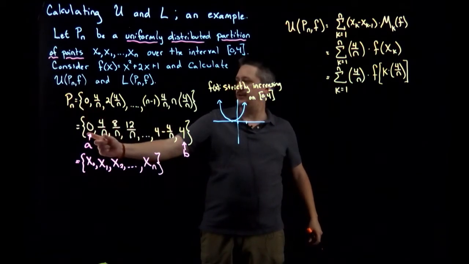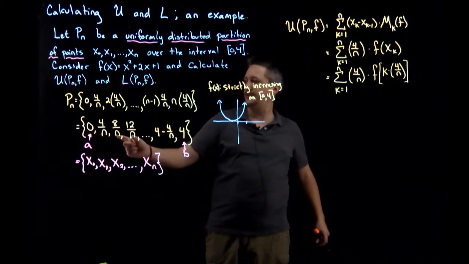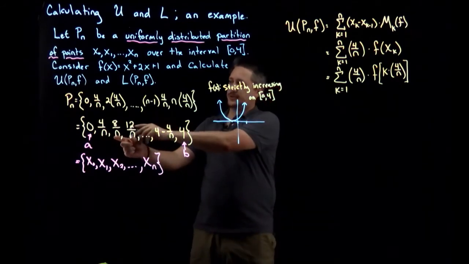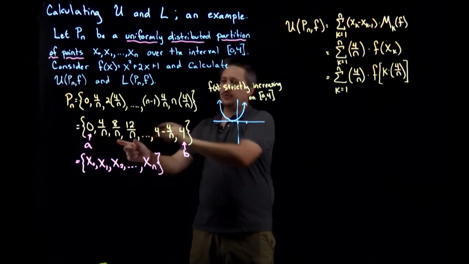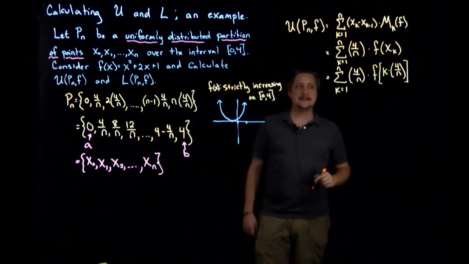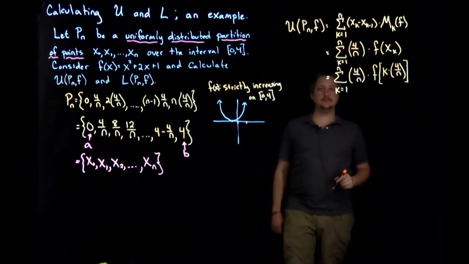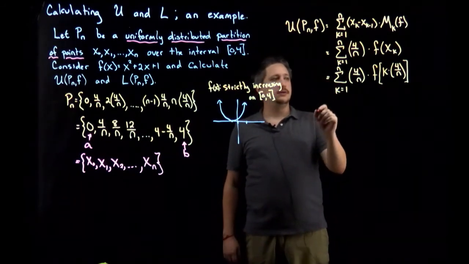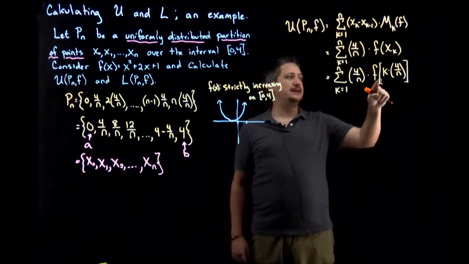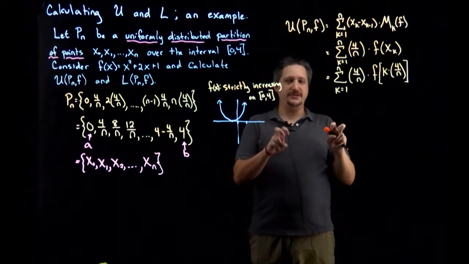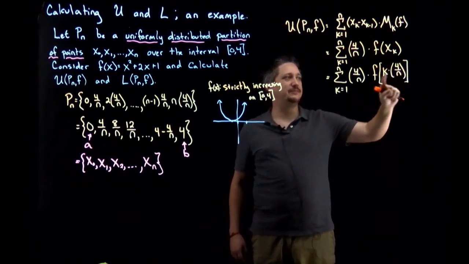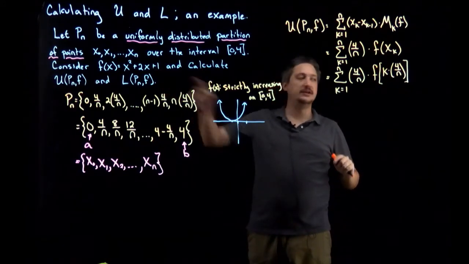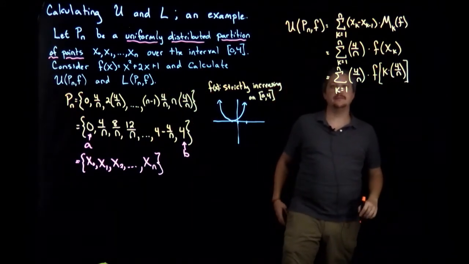So this is the first rectangle, this is the second rectangle, third rectangle. If I took the third rectangle, I'd have 3 times 4 over n, so I'd use 12 over n as my x value. Okay? So now I have a concrete x value here. I have something that I can plug into my f. So that's exactly what I'm going to do then.